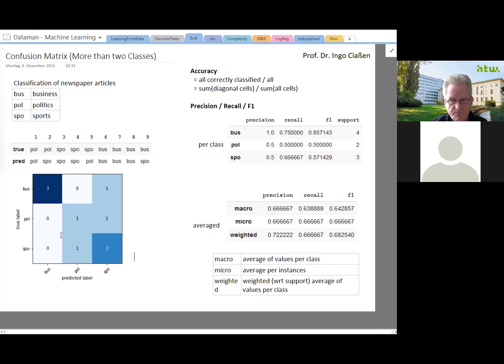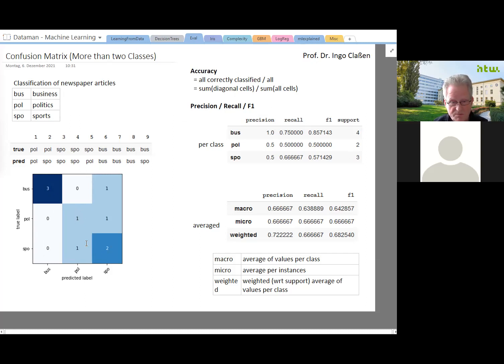Taking all the cells here, you can figure out why they have the corresponding value. And also here we can talk about accuracy, precision, recall, and F1. The accuracy is just all correctly classified divided by all. These were predicted as business and were business. These were predicted as politics and were politics.